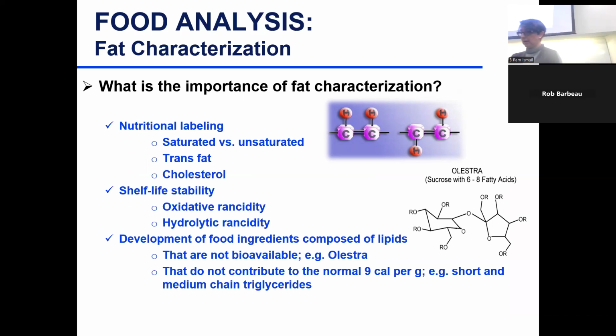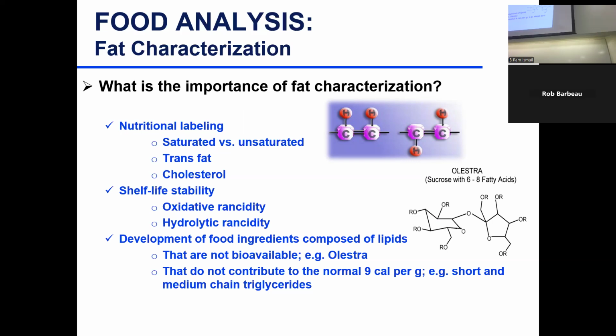What is hydrolytic rancidity? Do you remember? What's the difference between hydrolytic rancidity and oxidative rancidity? Tyler? Hydrolytic rancidity is caused by an enzyme in the food. Yes. Or high temperature and water. So what breaks?